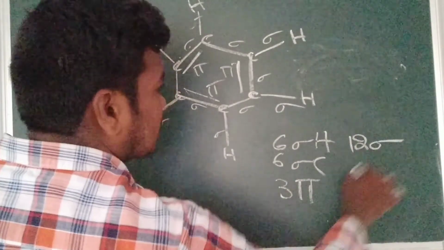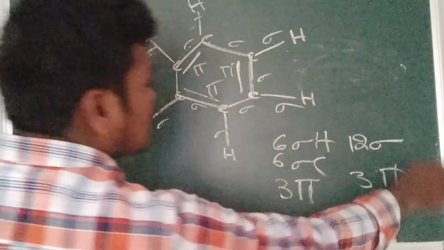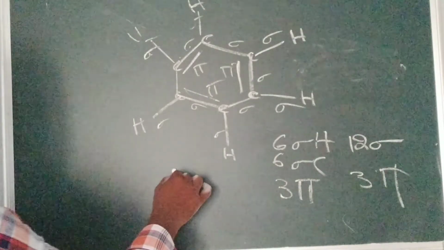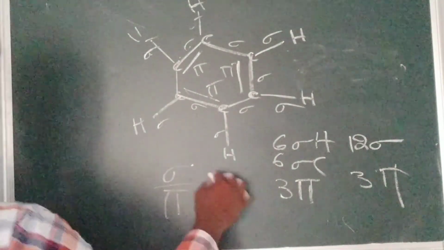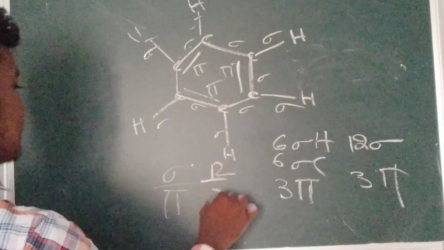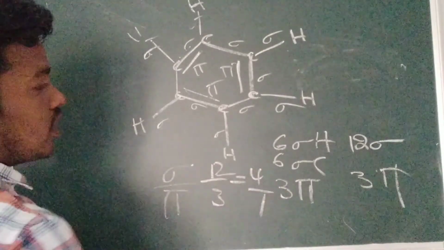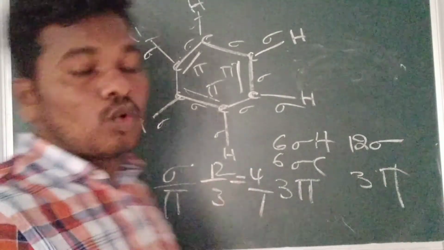Totally 12 sigmas and 3 pi bonds. If someone asks you the ratio of sigma and pi bonds, sigma to pi is 12 by 3, equal to 4 by 1. This is the ratio.